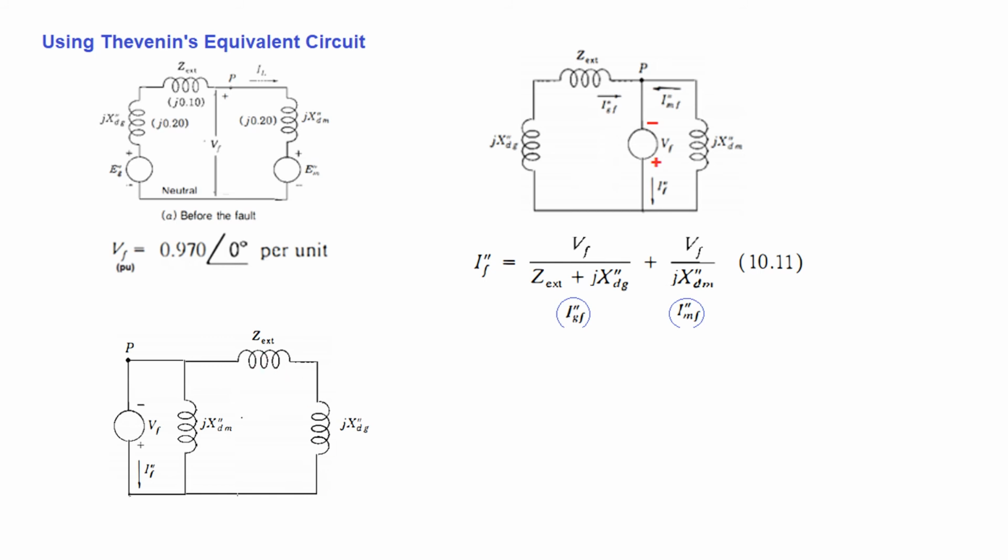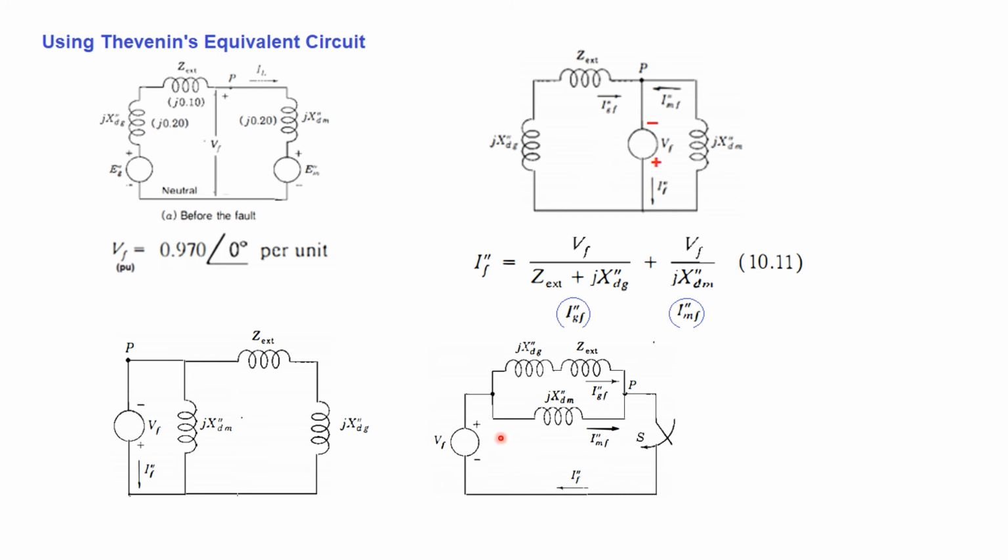These two are in series and in parallel with this, so we can simplify it like this. Remember here the positive terminal is the top, because we want to ensure that the current flows in the same direction. And we have incorporated a switch to simulate the fault.